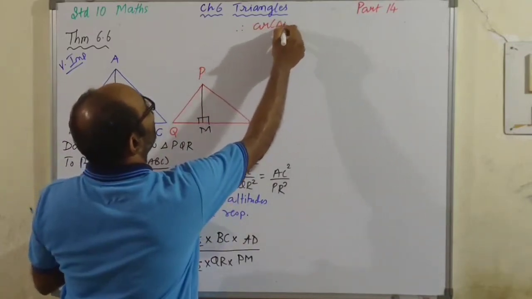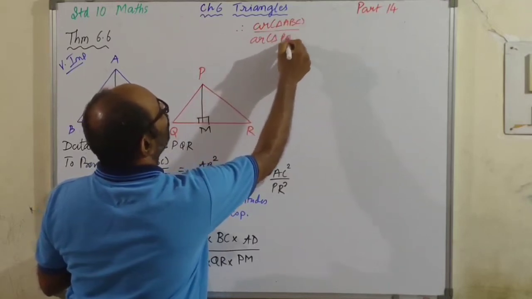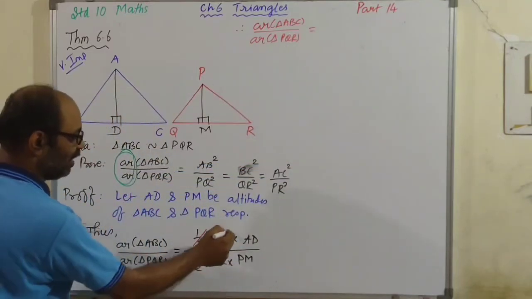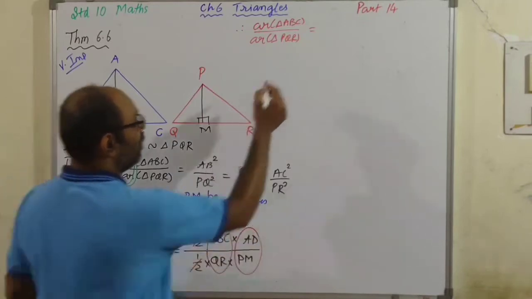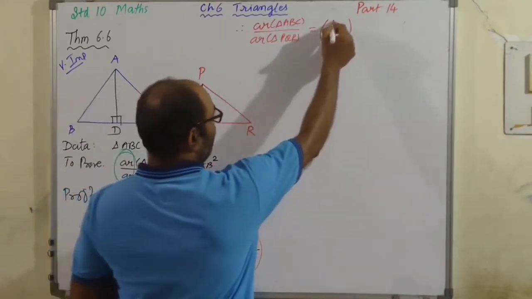Area of triangle ABC upon area of triangle PQR is equal to, children, half cancels. This is BC upon QR and this is AD upon PM. I write it a little bit trickily.